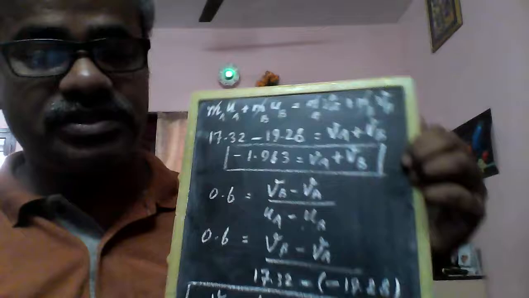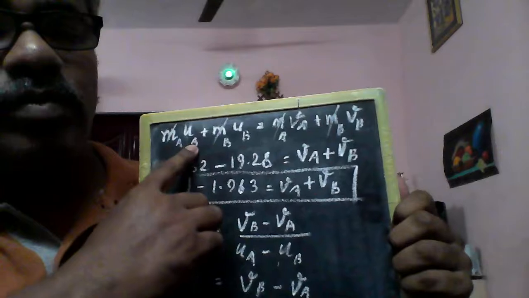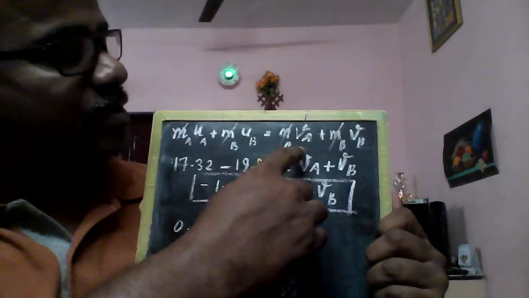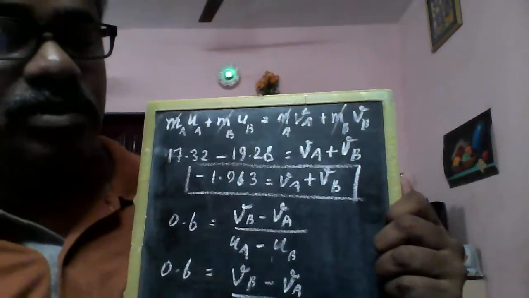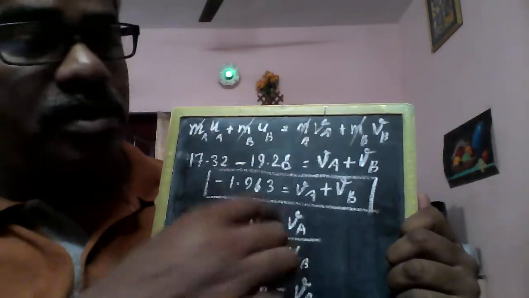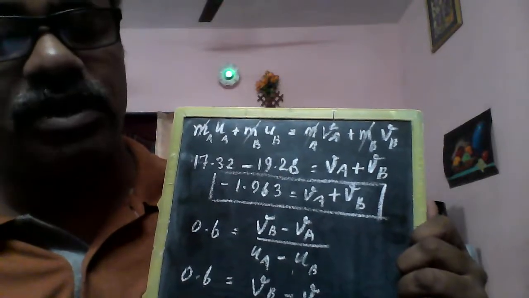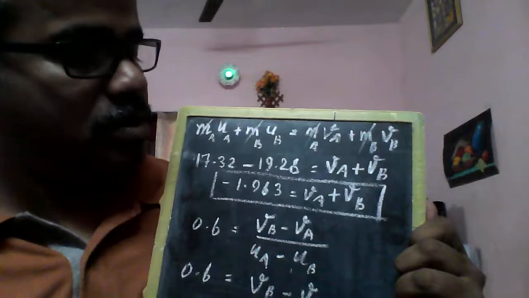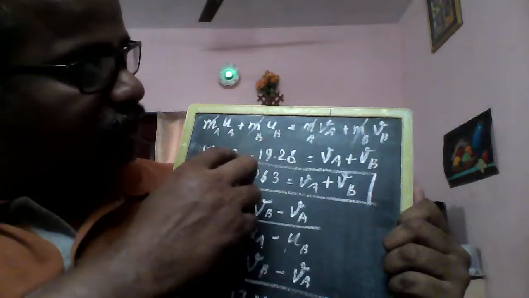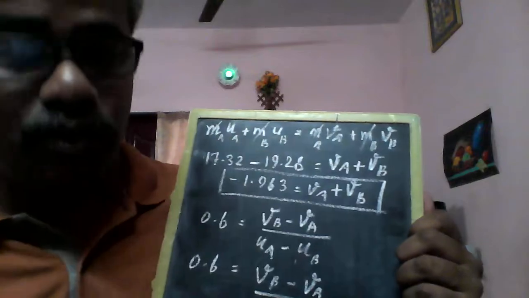In the conservation of momentum equation, we have MA UA plus MB UB is equal to MA VA plus MB VB. Why have I struck out MA and MB? Because all have the same mass, so I can strike it out by M. So I get UA as 17.32 minus UB as 19.28.